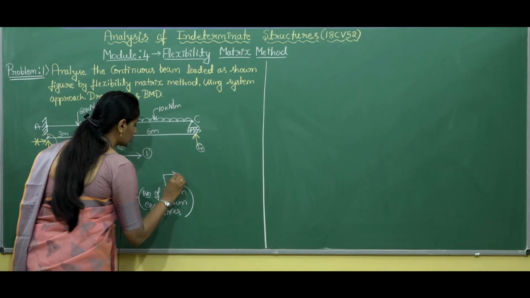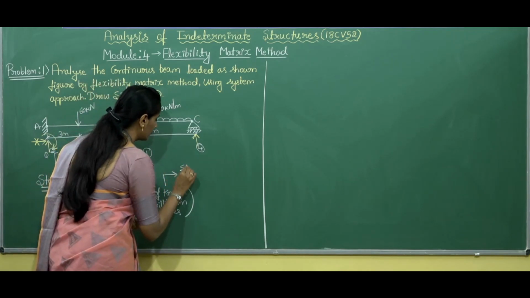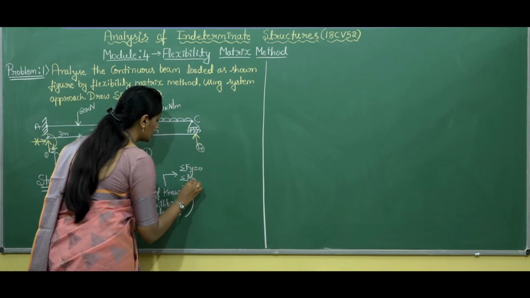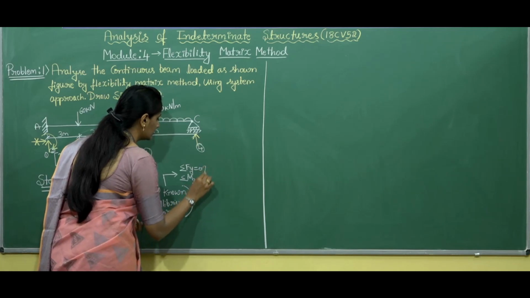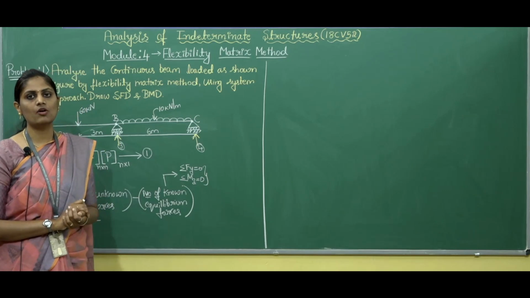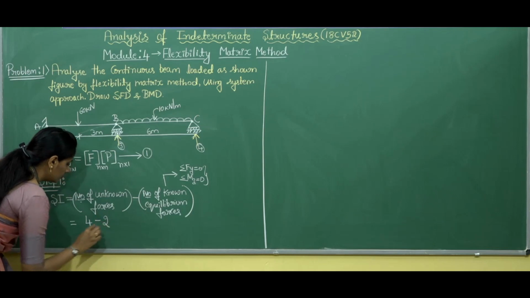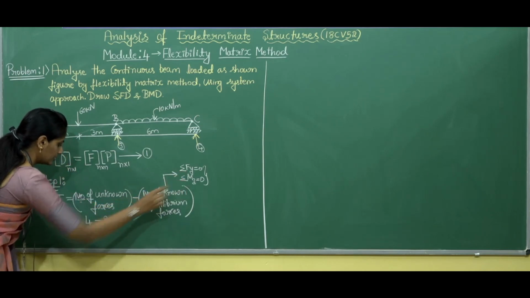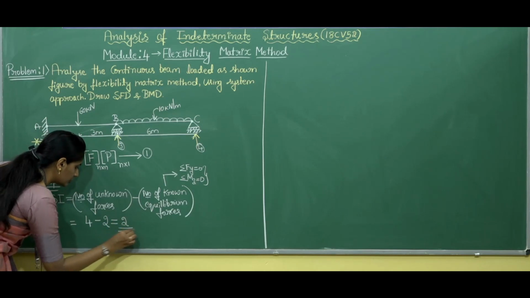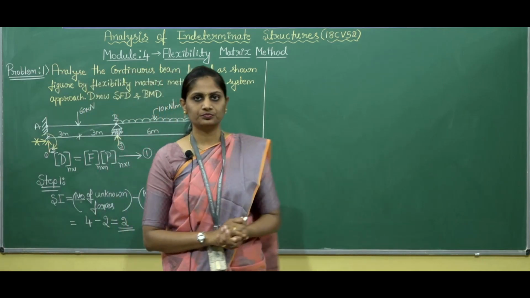Since we neglect the horizontal equilibrium condition, we get summation of Fy equals 0 and summation of Mz equals 0. If you consider these two equilibrium conditions, it is enough in case of beams. Therefore, the degree of static indeterminacy for this particular beam will be 2.